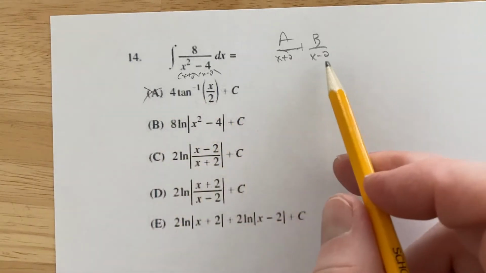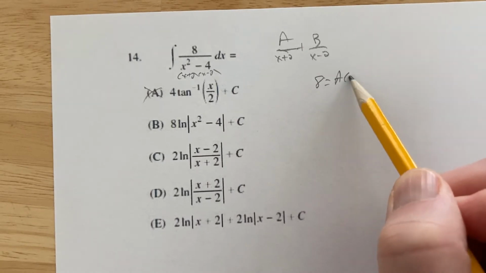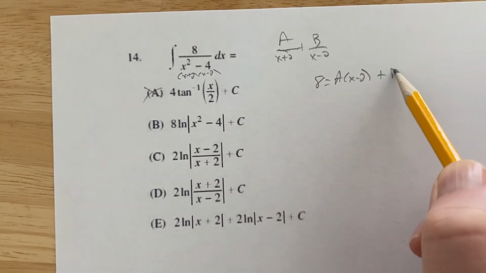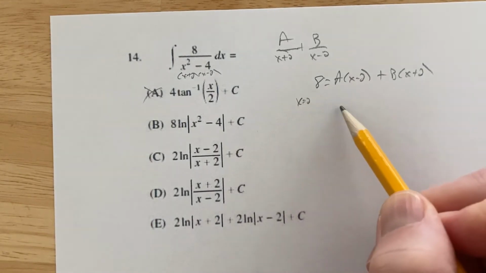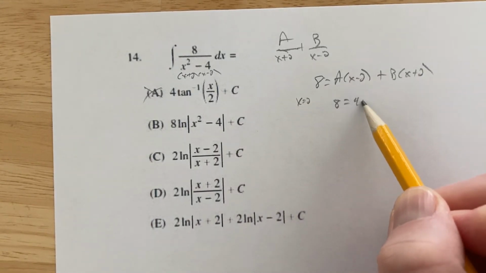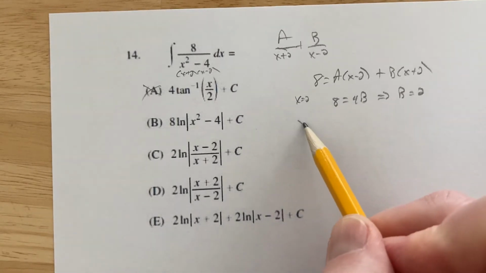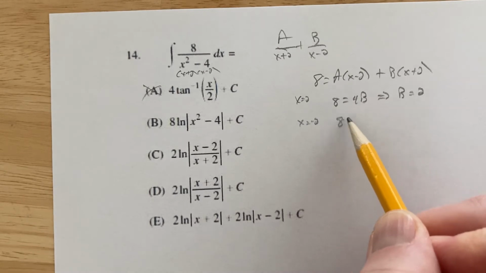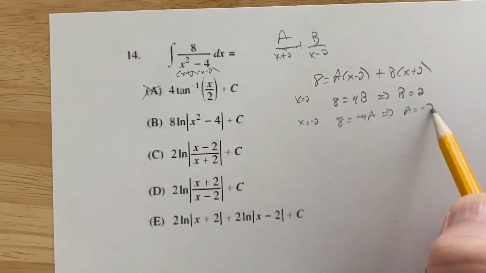Okay, multiply everything by that common denominator. We're going to get 8 equals a times x minus 2 plus b times x plus 2. All right, let's let x equal 2. That's going to give us 8 equals 4b, which means b equals 2. Then let's let x equal -2. We get 8 equals -4a, so a equals -2.